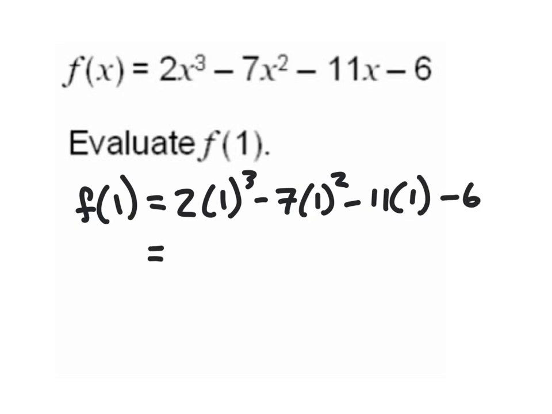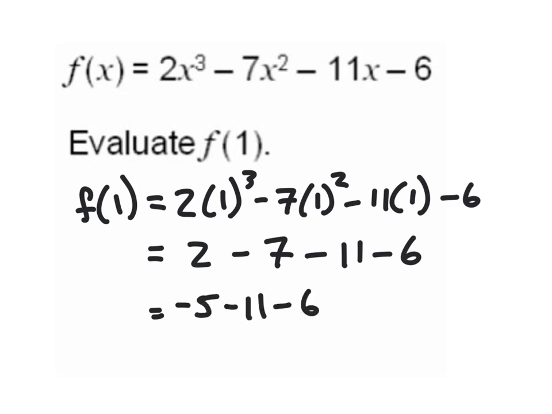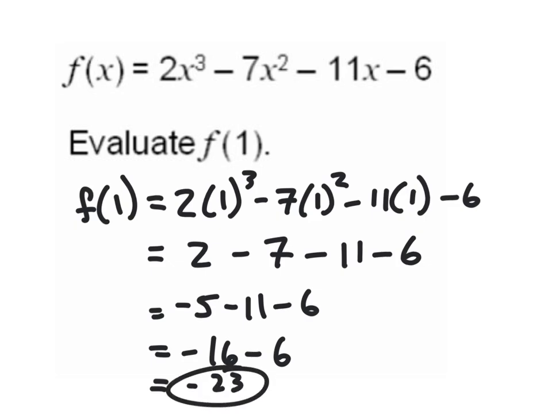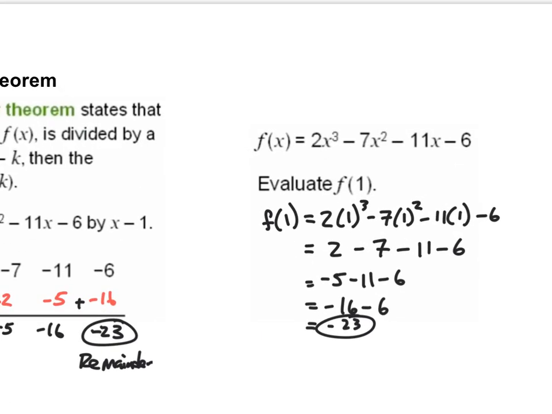And so now let's evaluate that. 1 cubed is just 1, so I'm going to get 2 minus 7 minus 11, and then minus 6. Yikes. All right, so now I've got 2 minus 7, which is going to give me negative 5. So negative 5 minus 11 minus 6 is going to give me negative 16 minus 6, which gives me negative 23. Oh, wait. That's the same thing as the remainder.